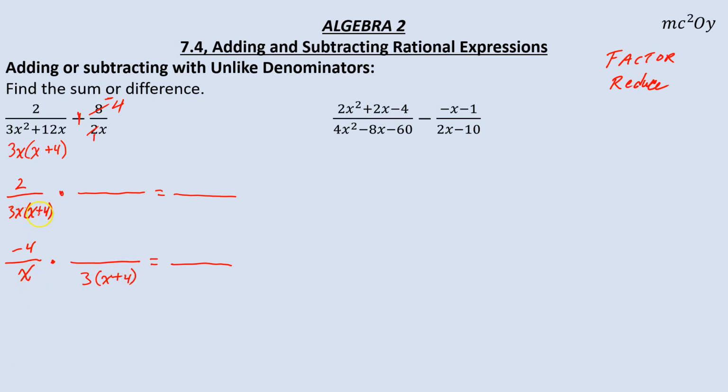And 3x and x plus 4, well, I don't need anything up here, so I'm just going to multiply by 1. So I get 2 over 3x and x plus 4. And x times 3, 3x and x plus 4. And 3 and x plus 4. So I end up with negative 12 and x plus 4.